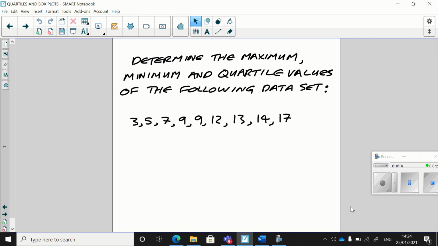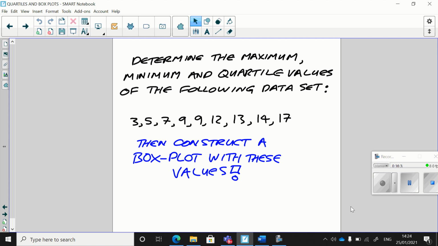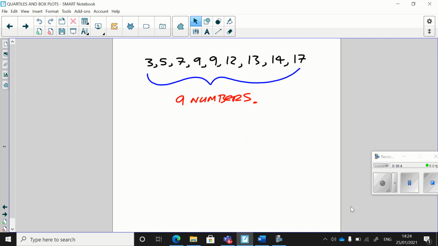It looks like these are. So first thing, apart from checking them in order, I'm going to count how many I've got. Right, it looks like I've got 9 numbers here in this data set. But then it's telling us we're going to construct a thing called a box plot, because that was the title at the start, quartiles and box plots. Okay, let's go through it here.